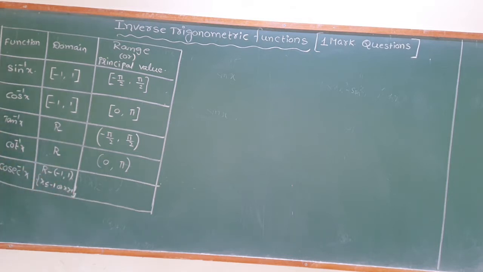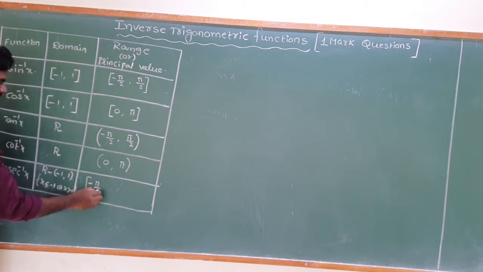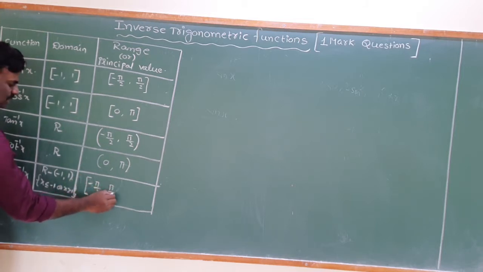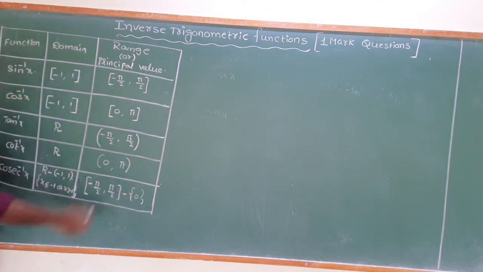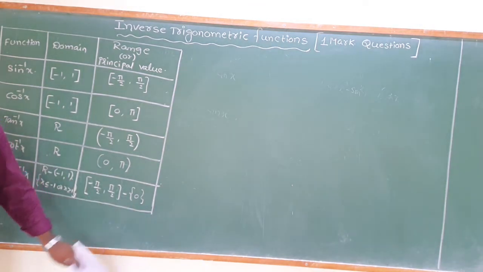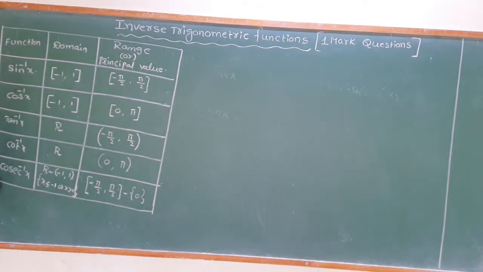You can write either this or this. Okay, and the range is closed bracket minus pi by 2 to pi by 2, but except 0. Why am I not taking 0? Because cosecant 0 value is infinity.